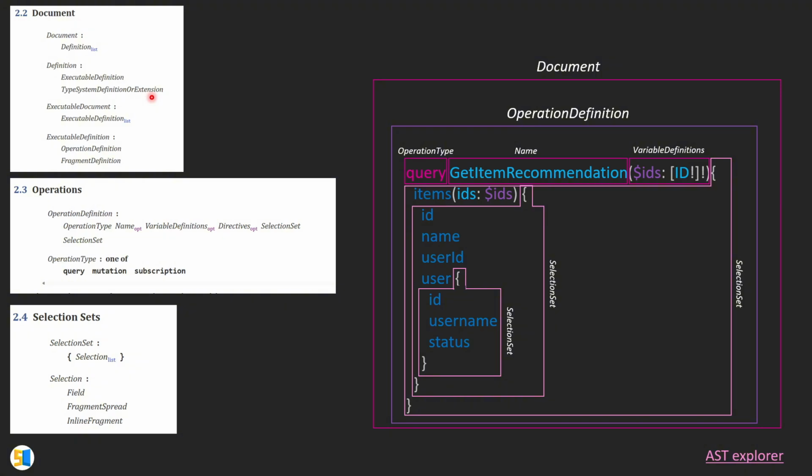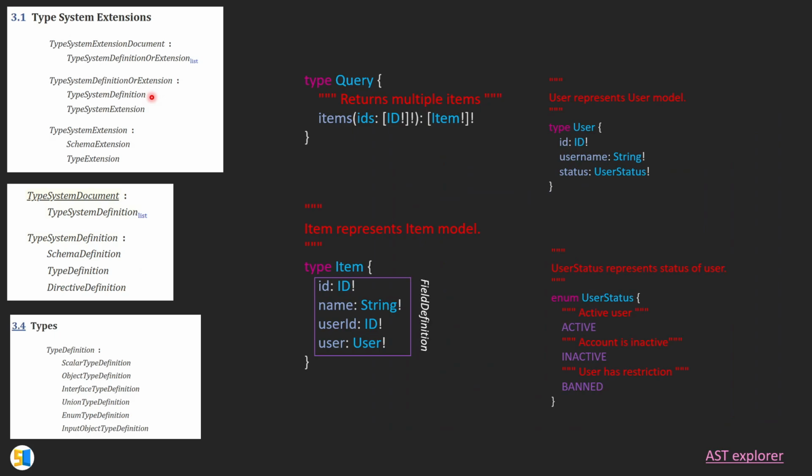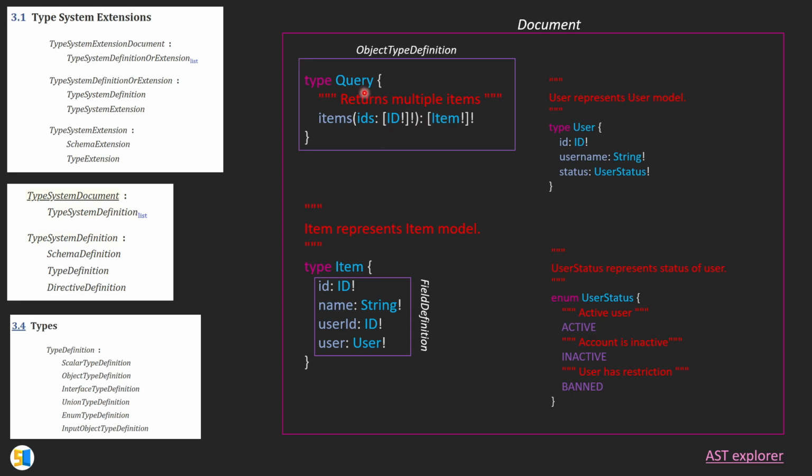For schema, it will be type system definitions or extensions. So we can convert this into AST.